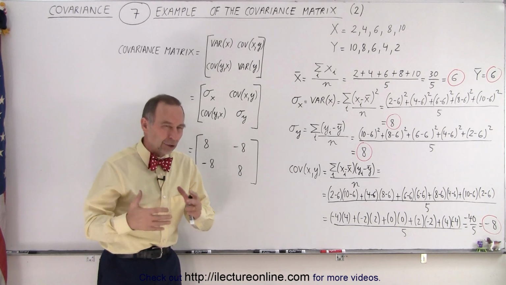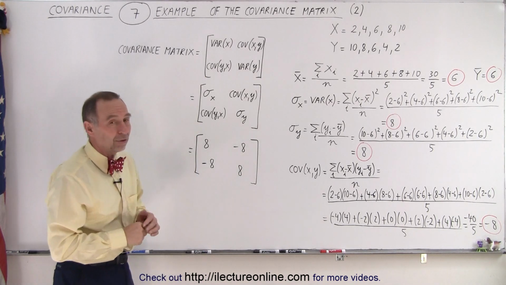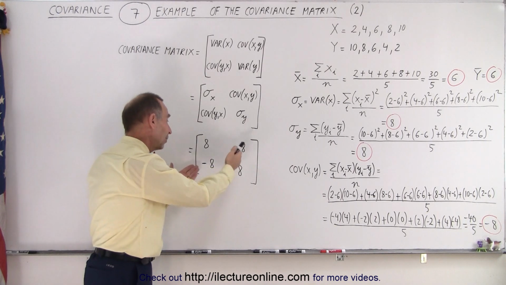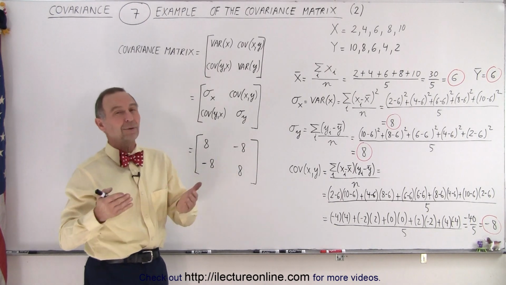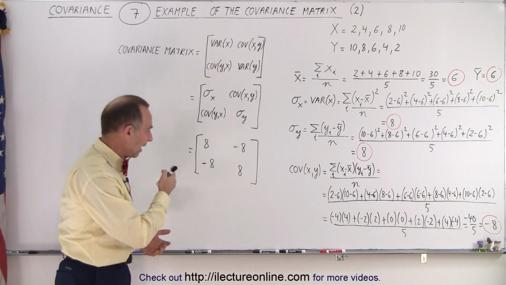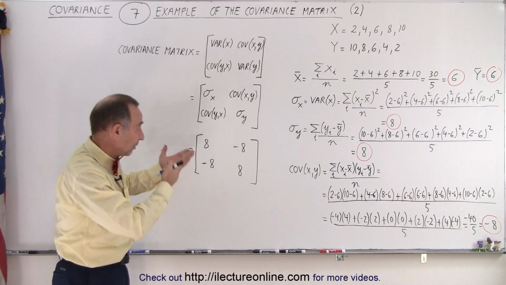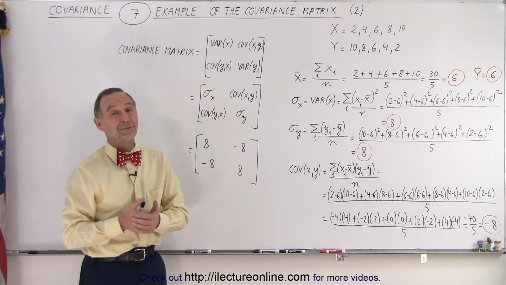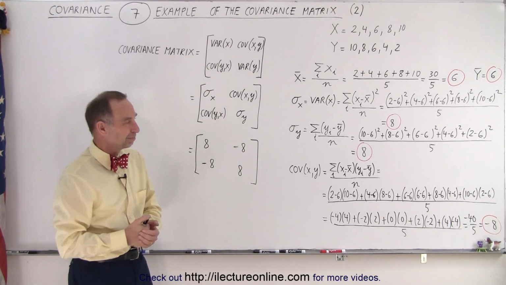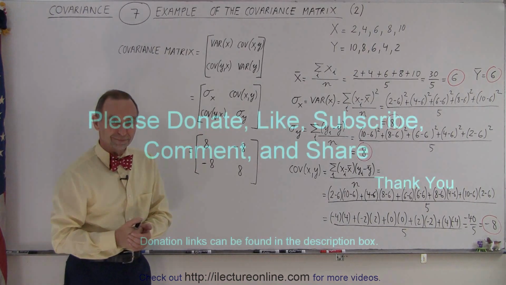Of course, it could be because of different arrangement of elements, but nevertheless, the fact that they come out to be the same, there's a lot of similarity in the two data sets. One is increasing, the other one is decreasing, and that's what we can gather out of the format of that covariance matrix. And that is how it's done.